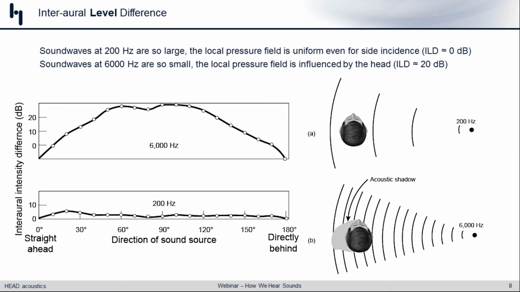When we measured the levels at the ears when somebody pulled the trigger, we noticed that the left ear had about 10 dB higher SPL, sound pressure level, than the right ear. So we ended up seeing the shadowing effects even for something like a rifle.